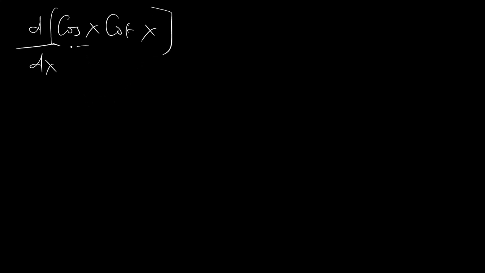Now let's say you are given another problem. Let's say for instance you are given cos x cot x, and you want the derivative of this. Now this one is your u, this is your v. So u is equal to cos x, v is equal to cot x.